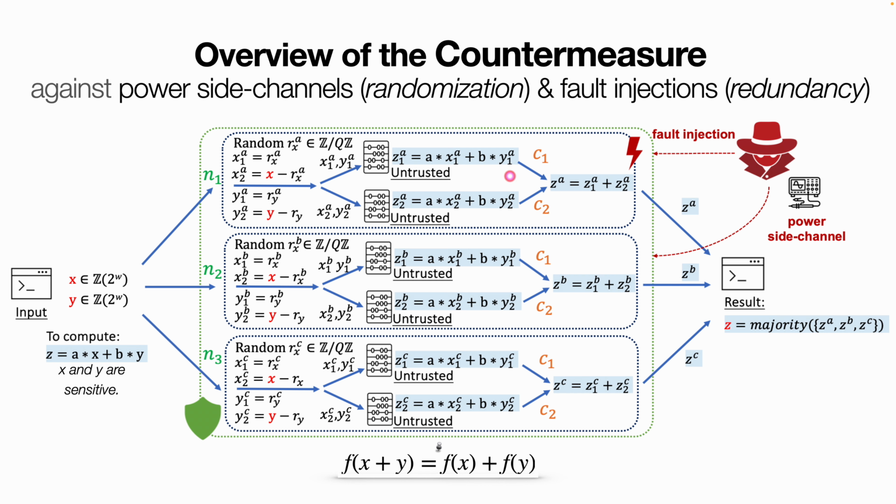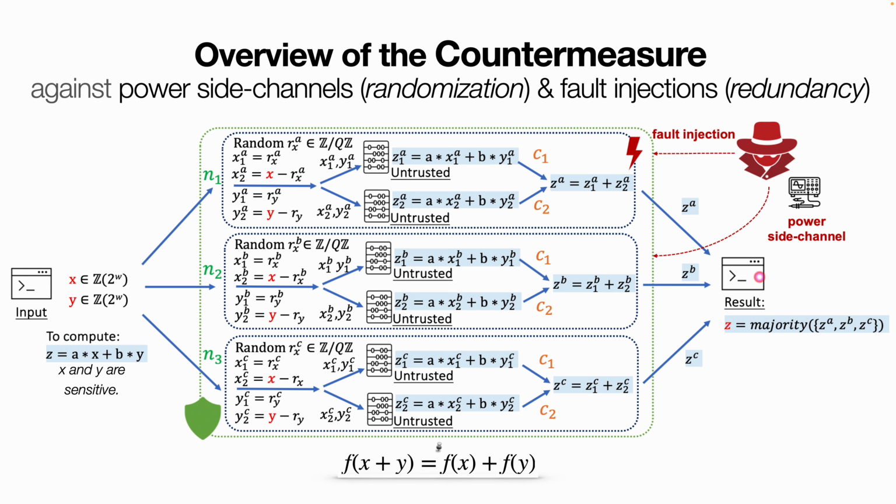Here, the C parameter is against power side channel attackers, because it adds noise, or masks the power consumption, by making the computation over random shares. And the parameter N, with majority voting, is against a fault injection attacker through redundancy.